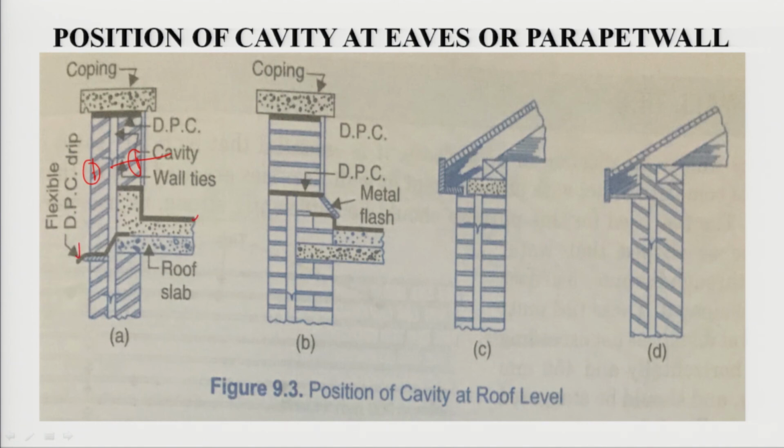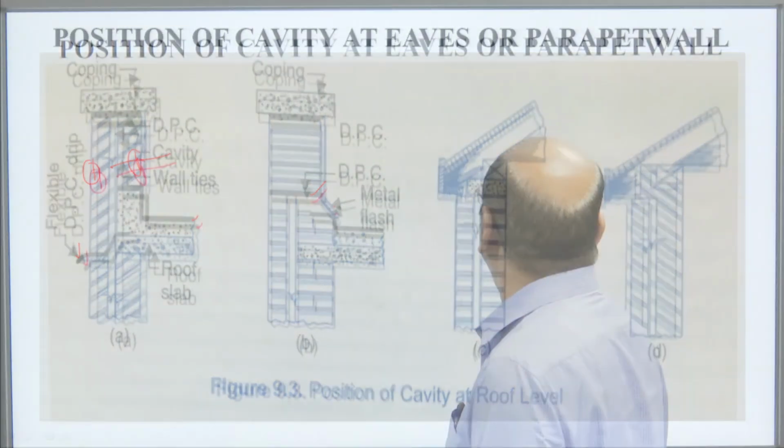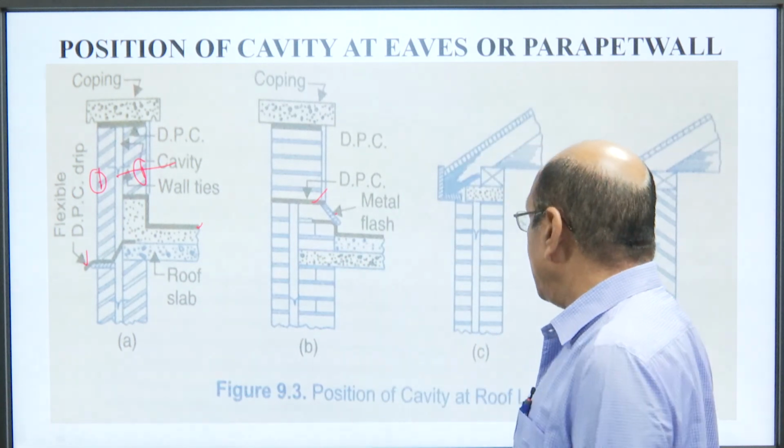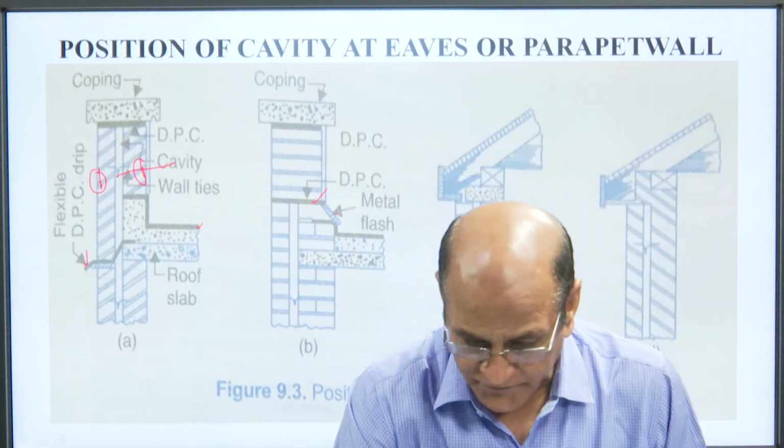This is the flexible DPC. This is also a metal sheet. This is the DPC and this is a metal sheet provided at the level of the parapet wall. So, this is the position of the cavity at the roof level.